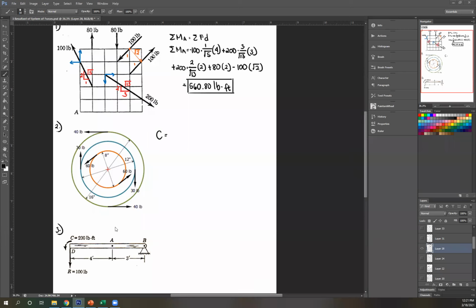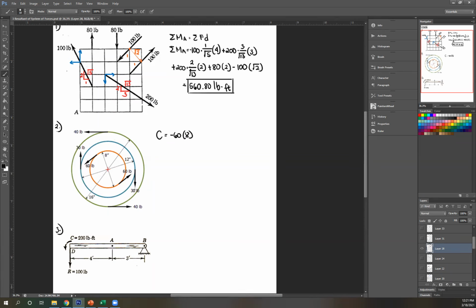Let's start with the innermost rim here. So figure out its direction. So following the rotation that is counterclockwise. So that is negative. Magnitude of the force is 60. Then distance between them, as you can see, that's 8 inches. So times 8. Next, the blue circle.